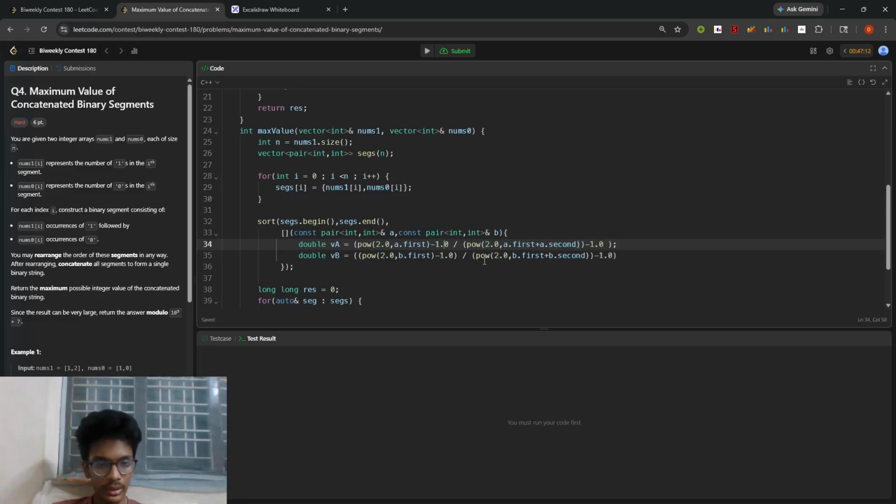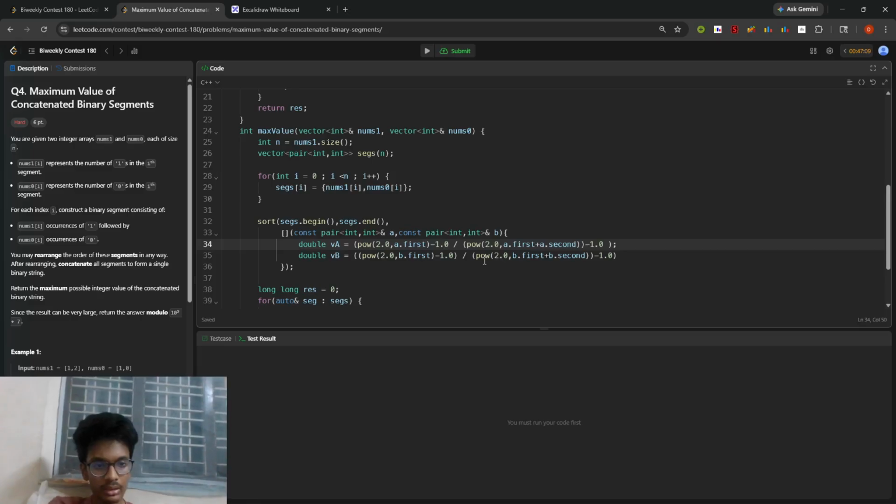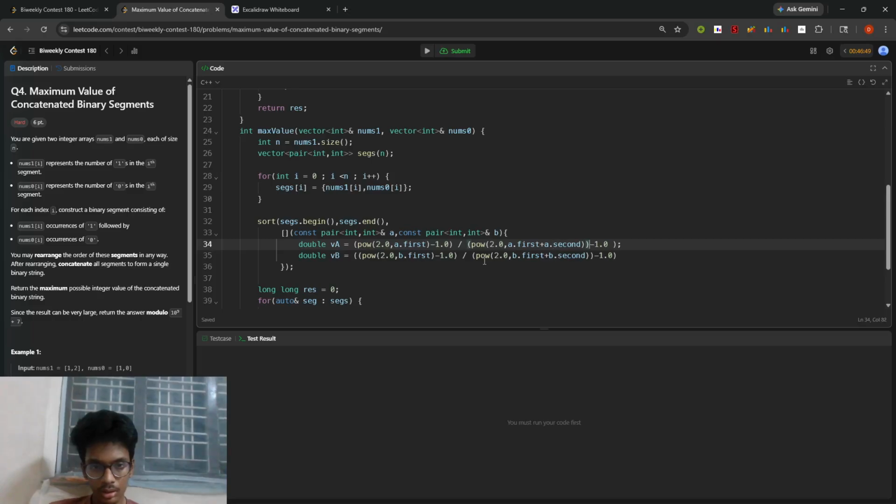Are we doing this right? I feel some parentheses are missing or some sort of issue like that. We have power 2.0 A dot first. Let's end this here itself. Okay, this thing ended here, and this whole thing is divided by this thing.